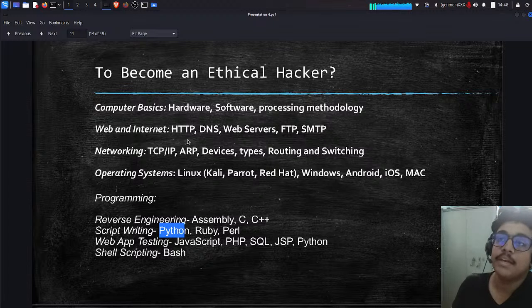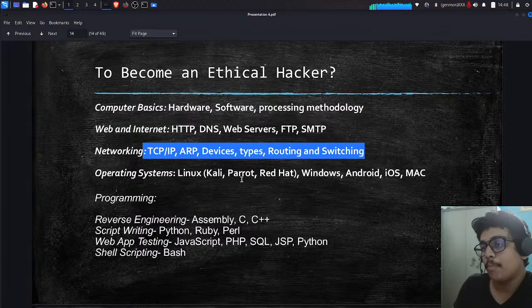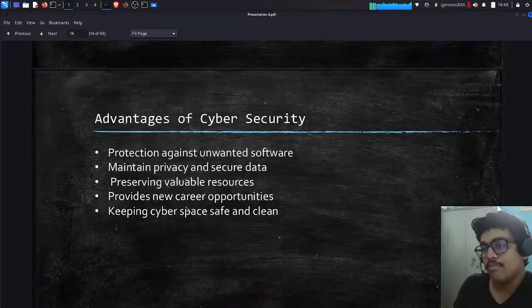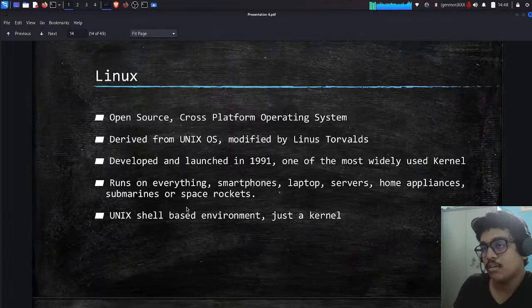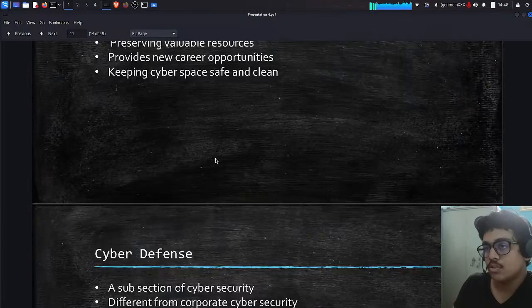We will be continuing our series on a dedicated roadmap, in which we will cover the networking part, then we will cover operating systems. I have some pages regarding Linux, so we will discuss this also.